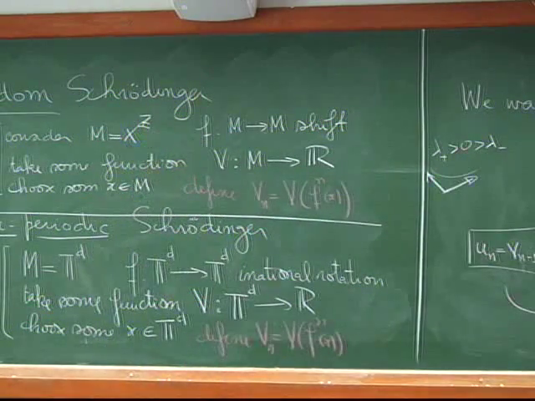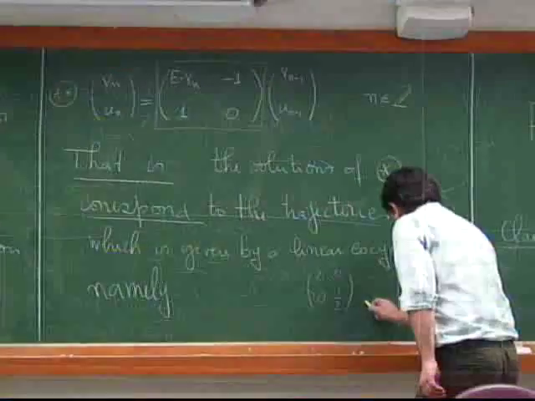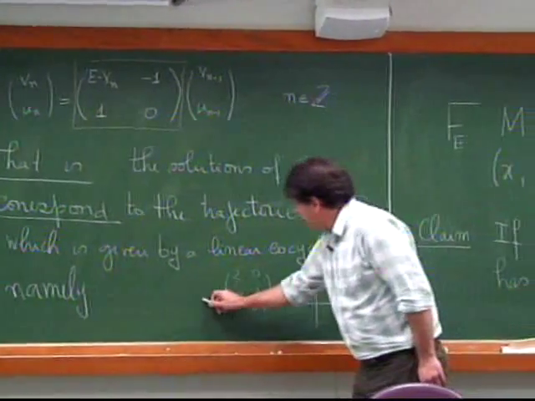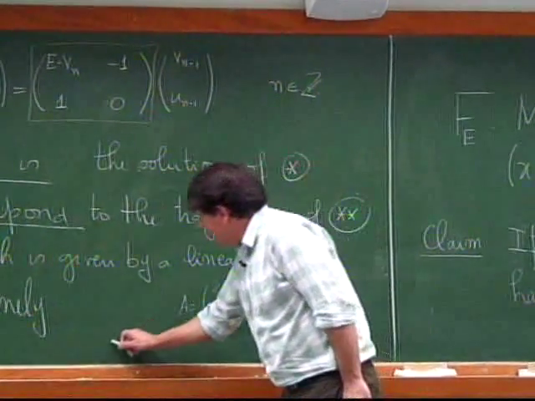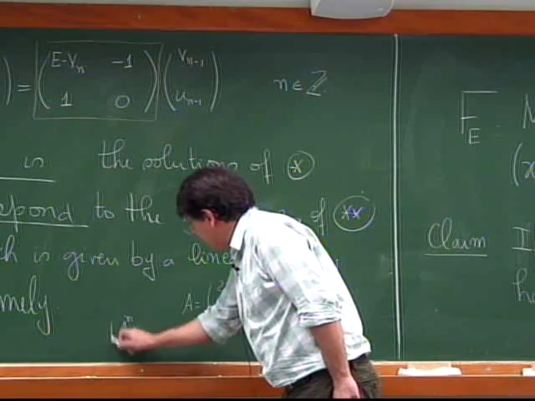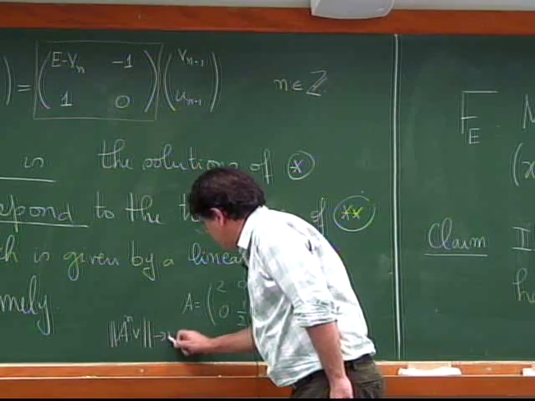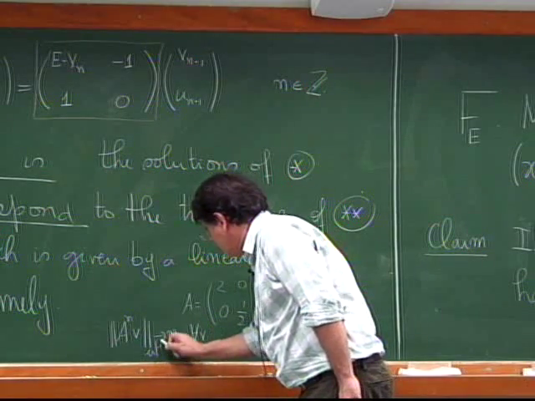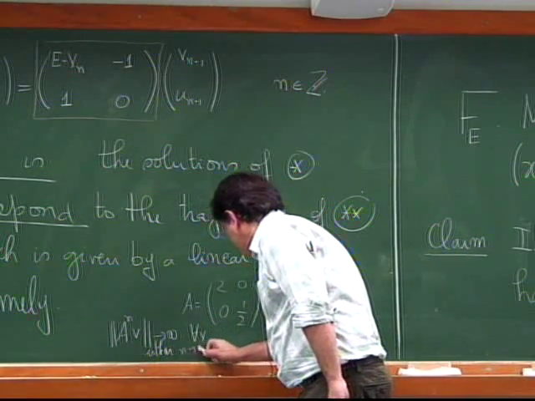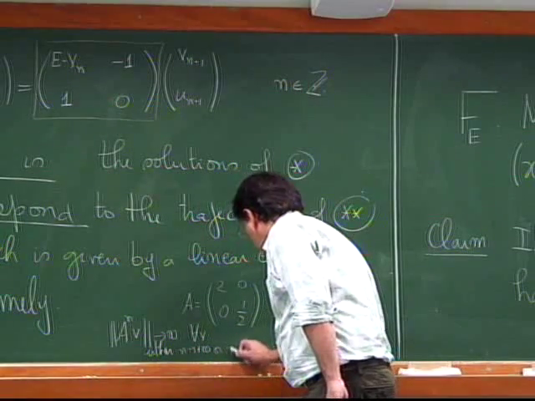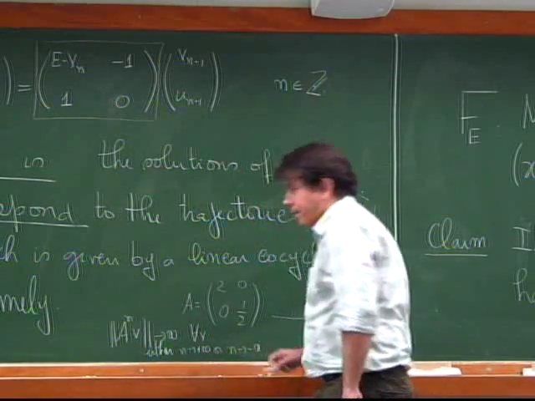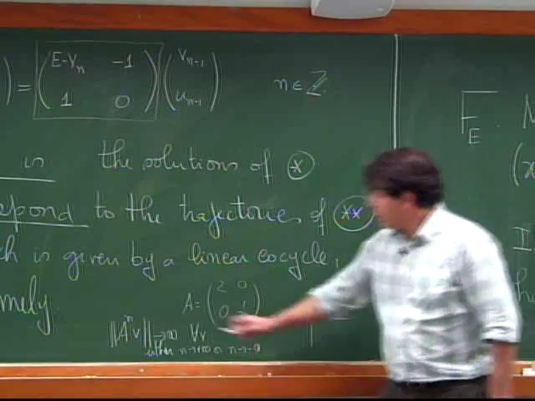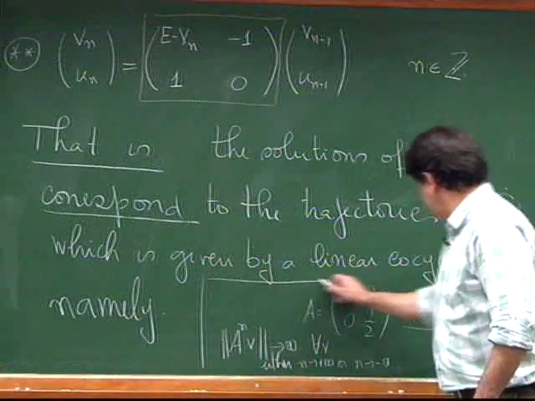It's like looking at a linear map, say, the matrix (2, 0; 0, 1/2). Okay, this is A. I'm saying the norm of A^n v goes to infinity for every v, either when n goes to plus infinity or when n goes to minus infinity. Everyone agrees with this statement?